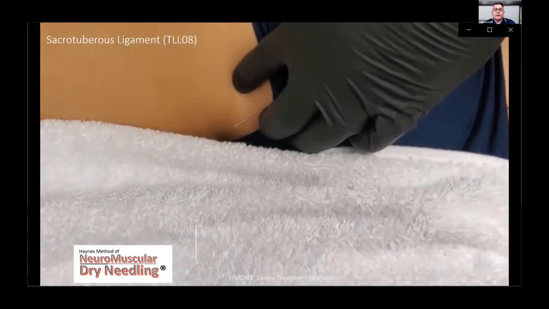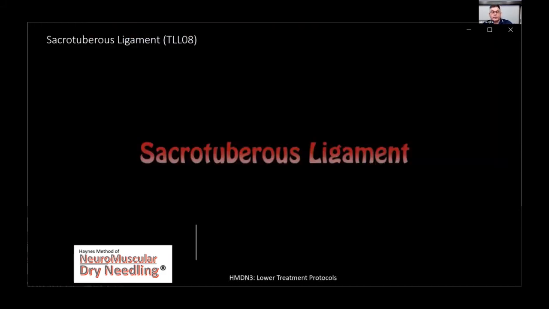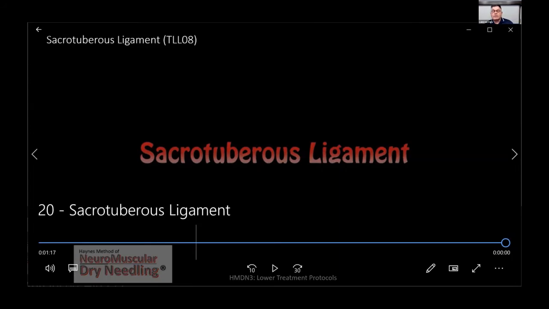Ischial tuberosity is frequently involved with tendinous pain dysfunction. It's important to know where everything is and be comfortable with your three-dimensional anatomy to be able to needle there safely, but still get some really good response for your patient.